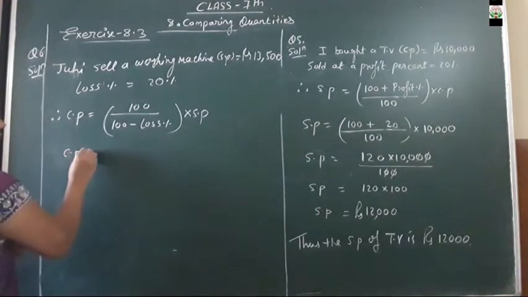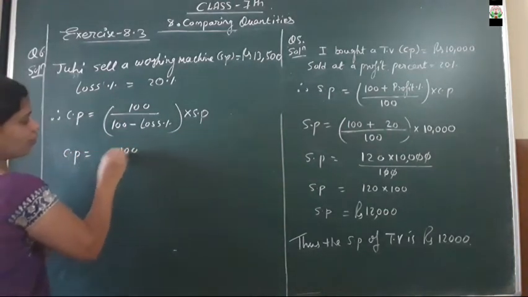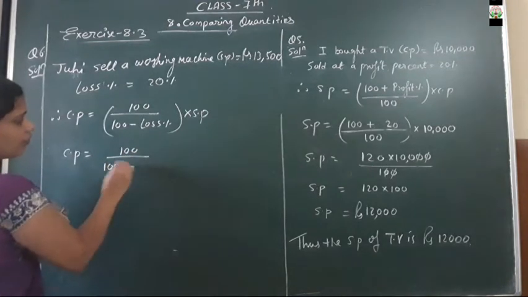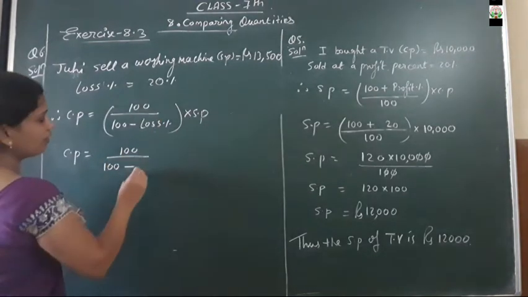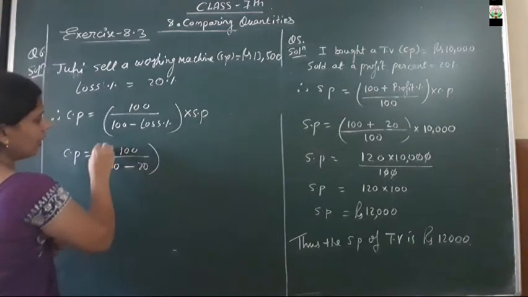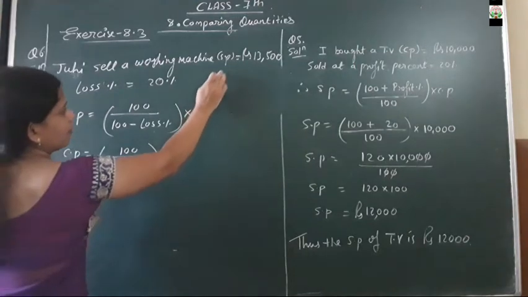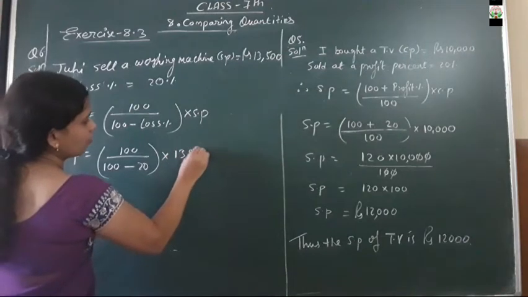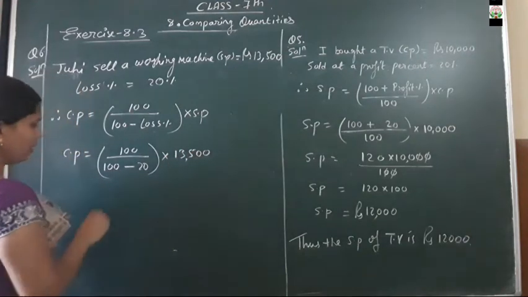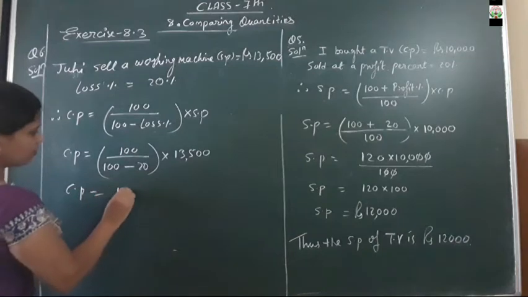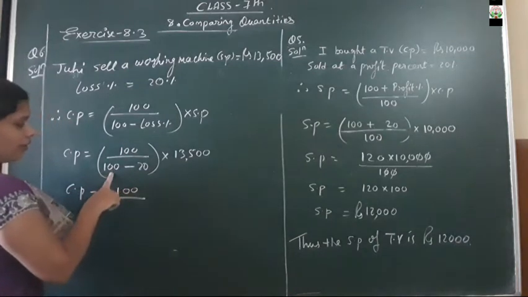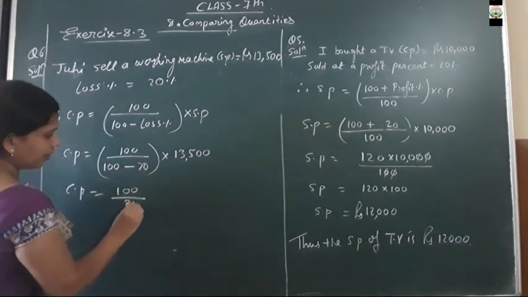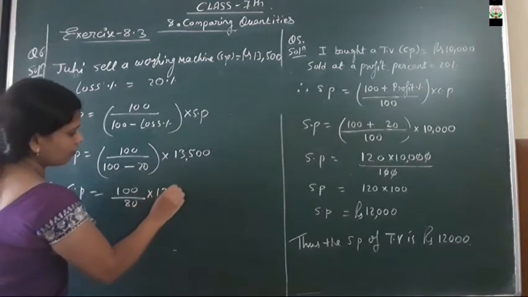So we get 100 from the formula, upon 100 again from the formula. What is the loss percent given in the question? That is 20%, into SP, that means selling price, which is again given in the question as 13,500. Now cost price is equal to 100 upon (100 minus 20, which is 80) into 13,500.